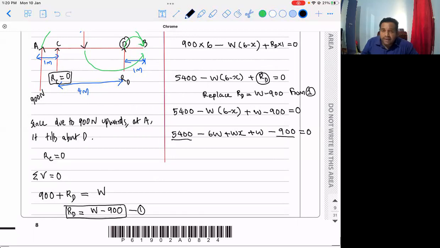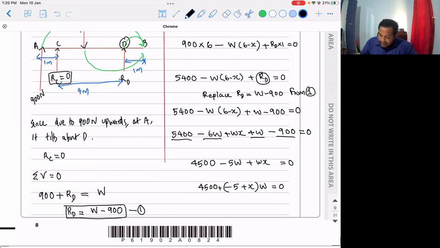So 5,400 minus 900 is 4,500. Minus 5W minus 6W plus W is minus 5W plus WX is equal to 0. Or 4,500 minus 5 plus X times W. So this is a plus here, is equal to 0.